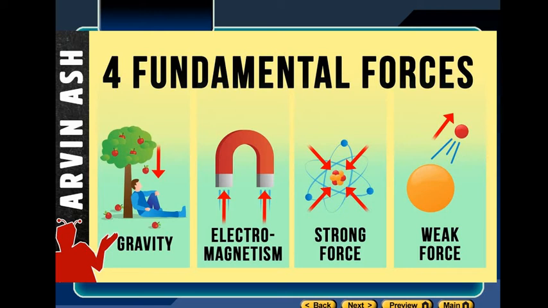Now you can understand that the electromagnetic force can exert more than gravity. Because gravity is the lowest one, and the strongest one is the strong force coming from the nucleus. It's very, very strong.